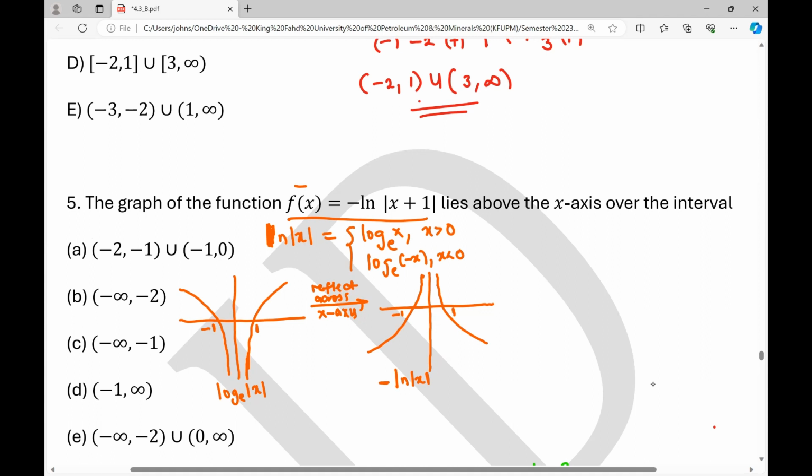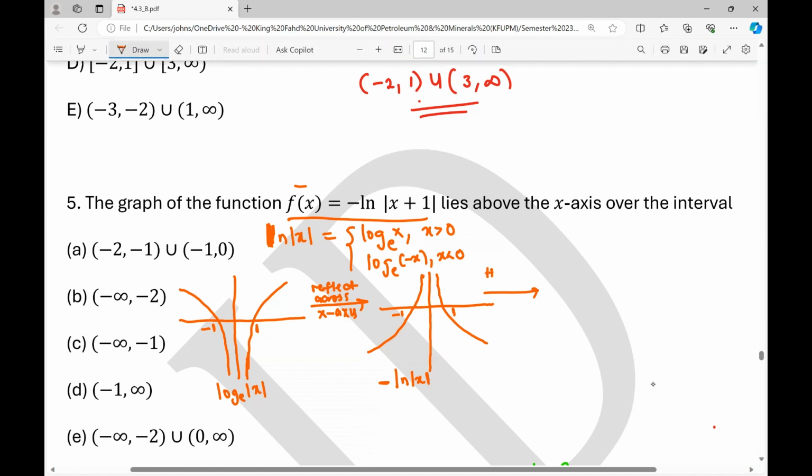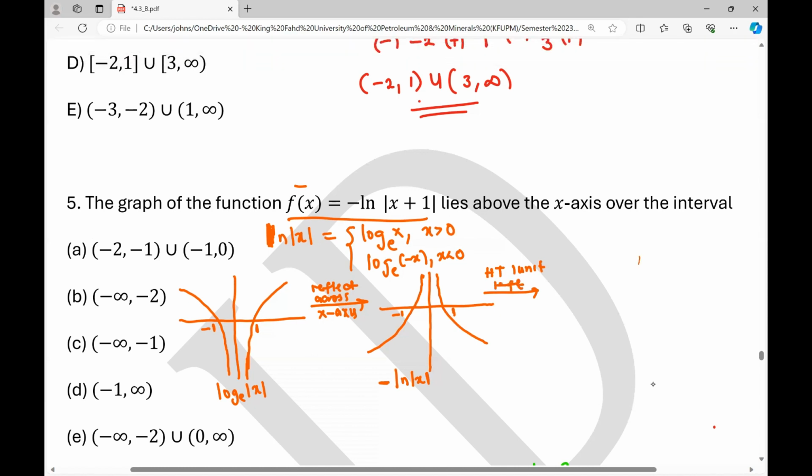Okay, then finally, let's shift everything 1 unit to the left. So this will be a horizontal translation, 1 unit left. So if we move everything 1 unit left, what is going to happen?